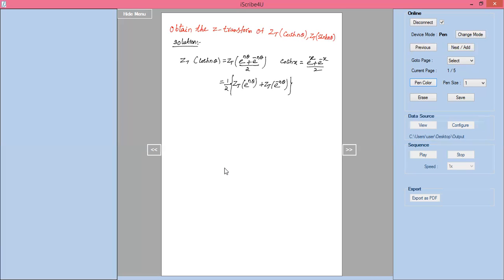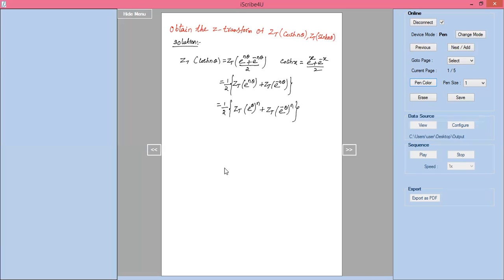Any doubt in this? I'll write 1 by 2 into Z transform of e power theta whole power n, next plus Z transform of e power minus theta whole power n.